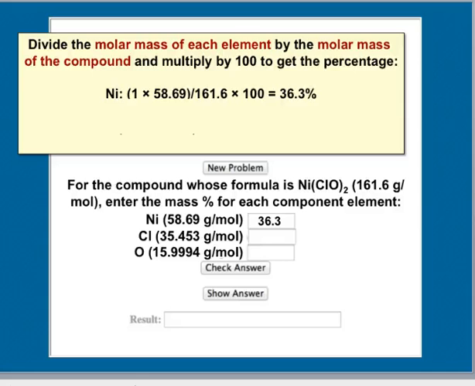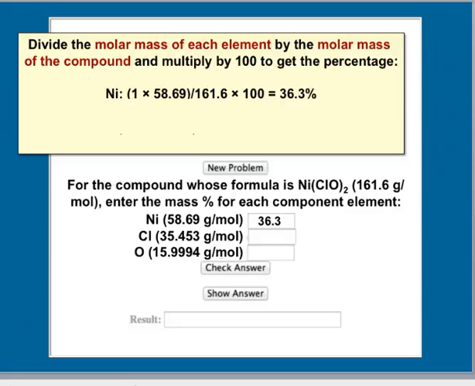Quickly do chlorine. How many chlorines are there? 2. By the way, what is this called? What is OCl? Not OCD. OCl, hypochlorite.